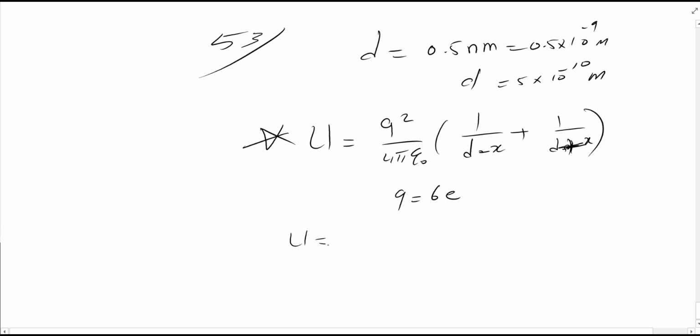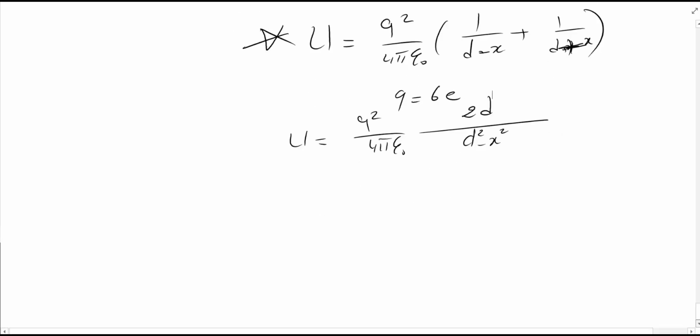So this U then can be written as clearly Q squared over 4 pi epsilon naught. The common denominator in here is d minus x times d plus x, which is d squared minus x squared, and the numerator is going to be d plus x plus d minus x, which is 2d. Okay, so that is basically the expression in here for the potential.